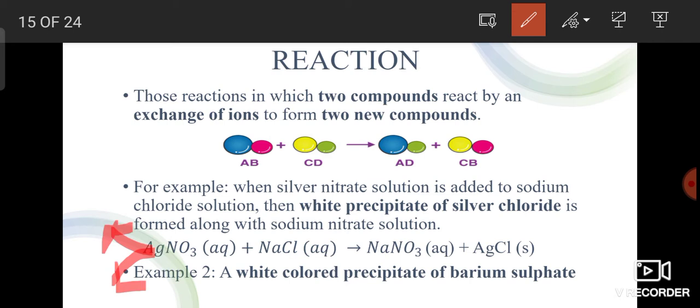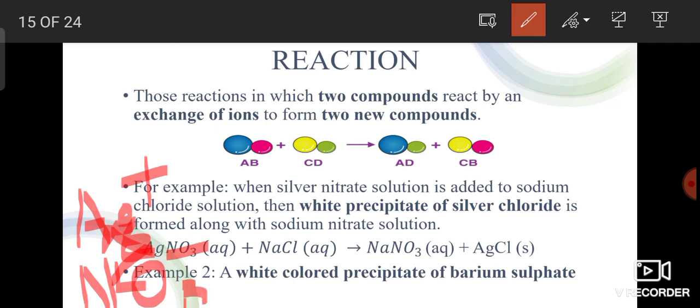Ionization will take place. So silver ion will be there, which is Ag plus, and nitrate ion, which is NO3 single negative. So these two ions are formed. Now when sodium chloride is dissolved in water, it also dissociates into its respective ions.